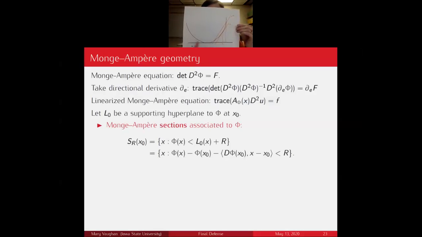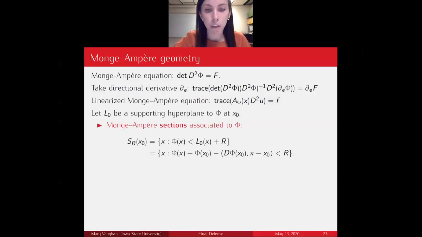This is our convex function phi, and you take a supporting hyperplane at the point, L naught, and then you lift it up by adding r. The Monge-Ampère sections are the points where this hyperplane L naught plus r is above our convex function phi. So they're given by this here. They are the sublevel sets of phi minus the hyperplane L naught. Those are the Monge-Ampère sections as we see here.